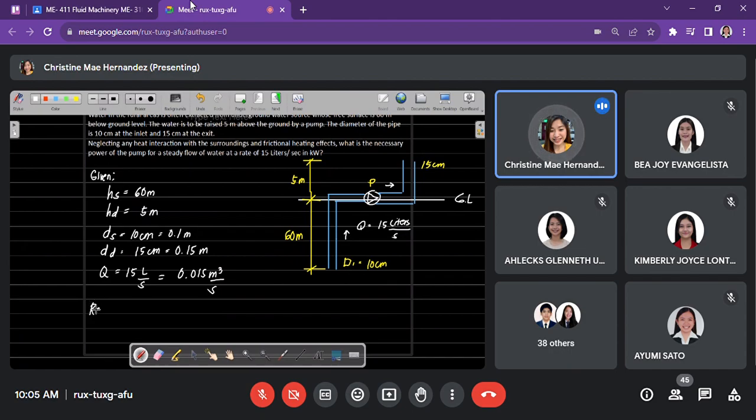So, ang required or the unknown ay ang ating water power. Sige, WP na lang.